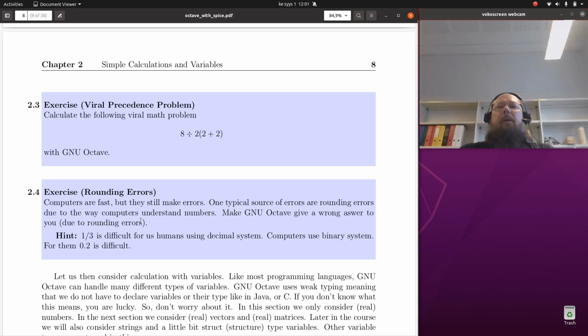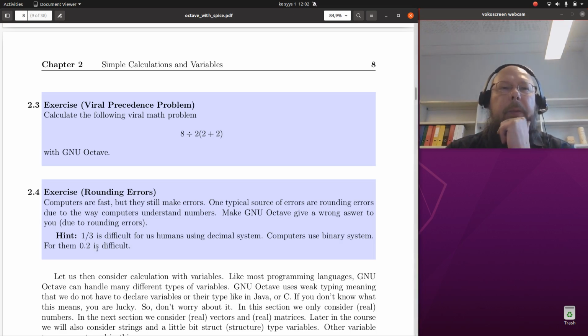And how do you enforce or actually trick Octave to make a rounding error? You have to give it nasty numbers in the sense that they are prone to rounding errors. And here's a hint for that. You probably remember from your previous experience that 1/3 is nasty for humans in the decimal system.